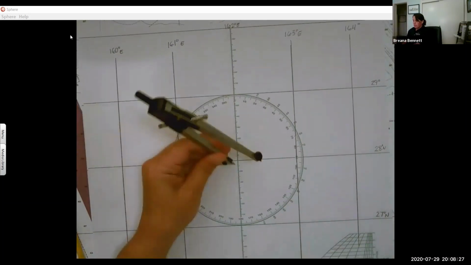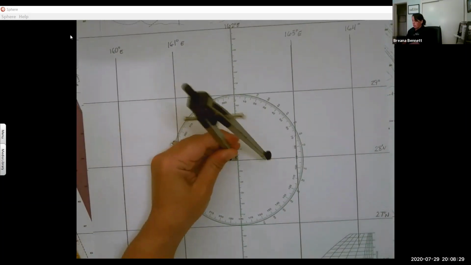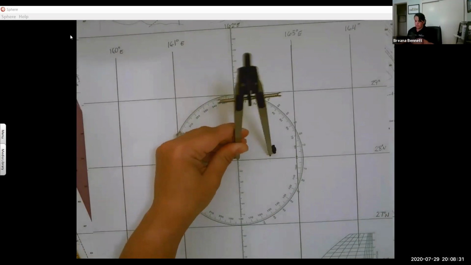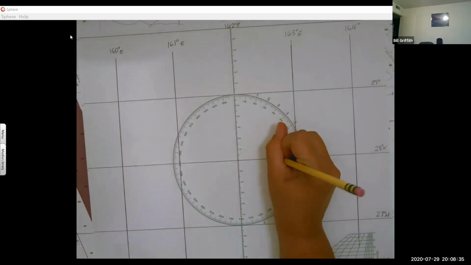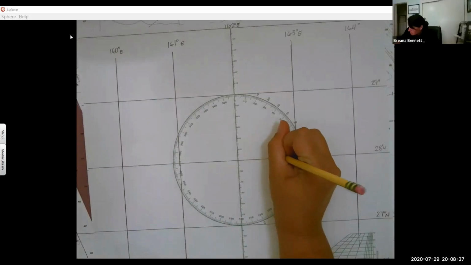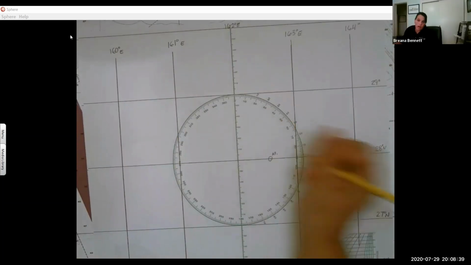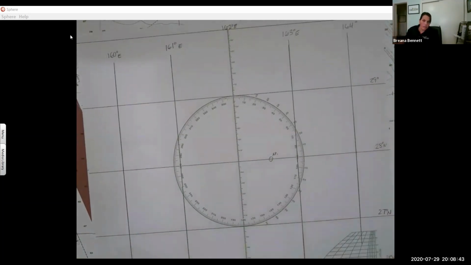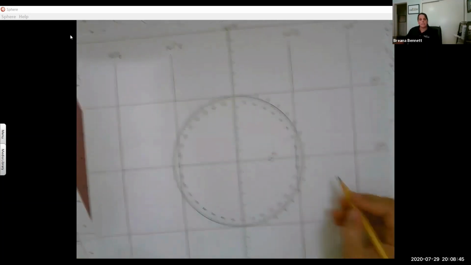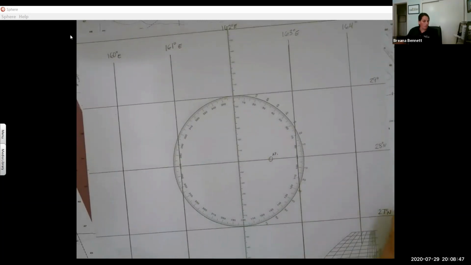So I have 162.33 east. So this is my assumed position, and I might call it 1 or 2 or 3. I don't have 1, 2, or 3 on here, but this is my assumed position for the first part of the problem.